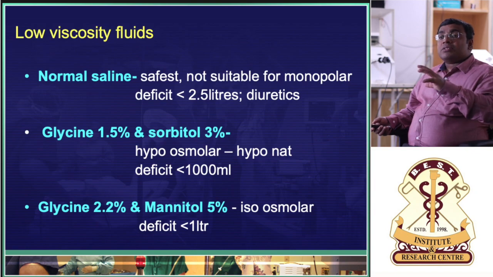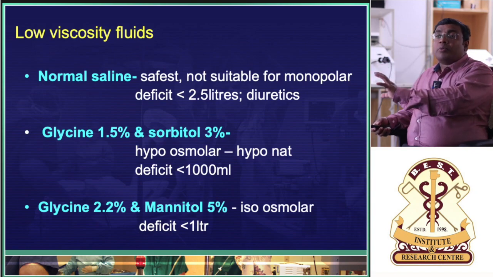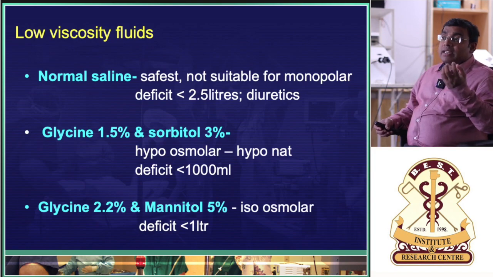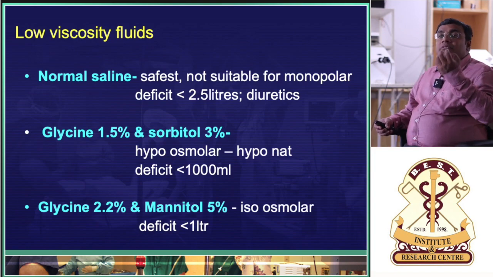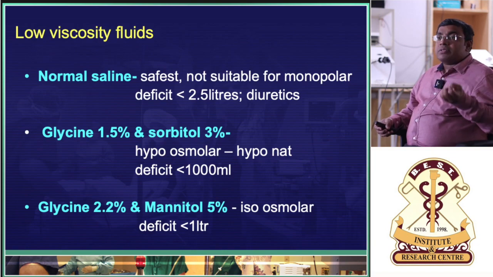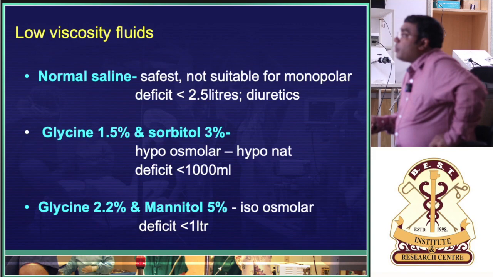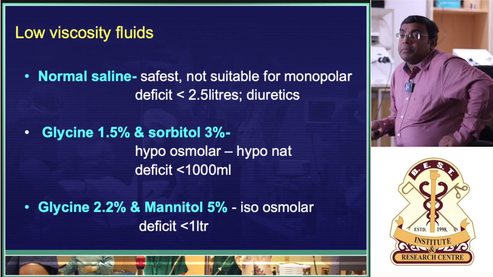Because complications to the patient due to the glycine content itself would be very high. So to reduce the incidence of glycine related toxicity, you don't use 2.2%, you use 1.5%.